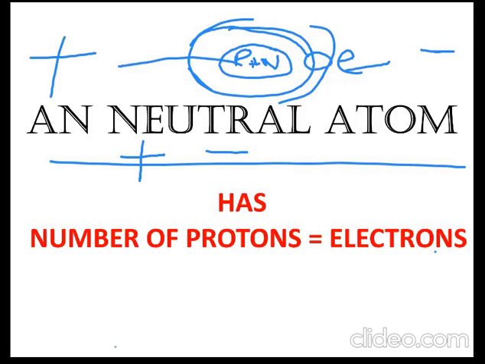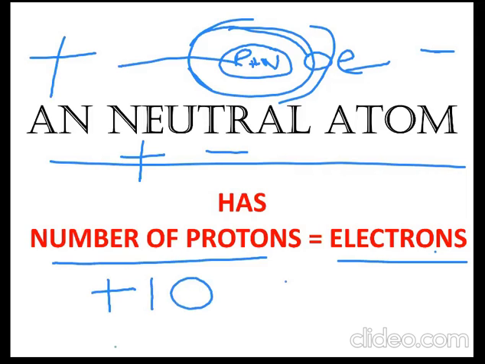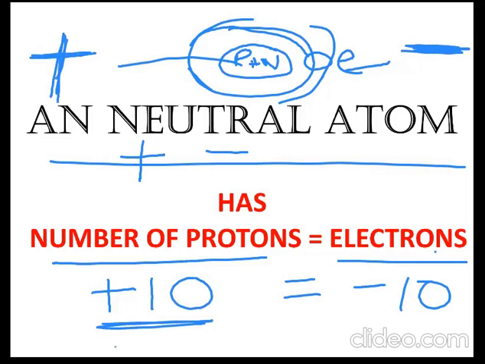Because it has an equal number of protons and electrons. If this atom has 10 protons and 10 electrons, electrons are negatively charged and protons are positively charged. So it has plus 10 charge and minus 10 charge.